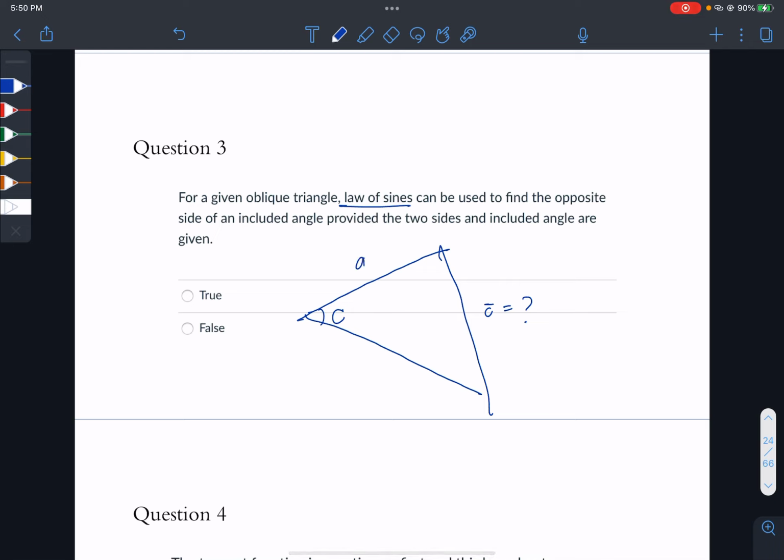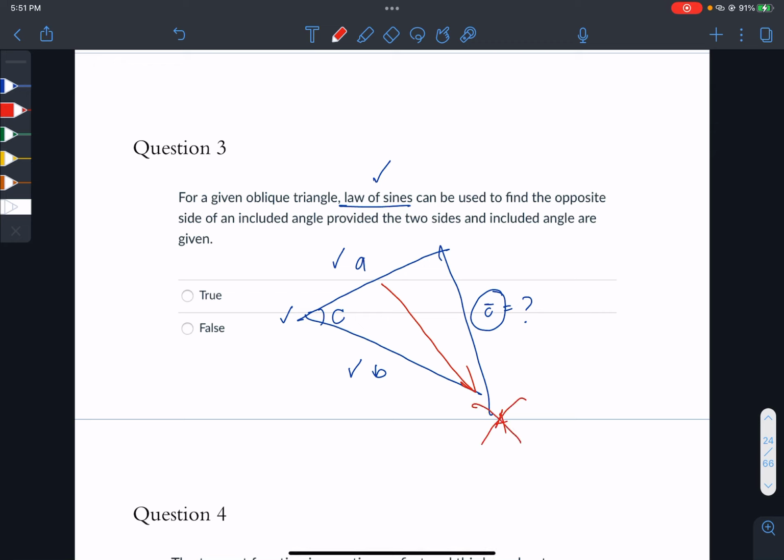What are the two sides? This one. A and B are given, and then the included angle is given. We are asked to find C. So can we get that using the law of sines? Remember, the law of sines can be used if the opposite sides or the opposite angles are given. In this case, side A is given, but angle A is not.